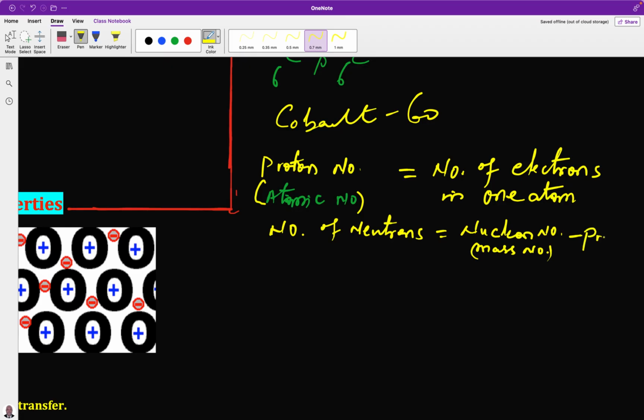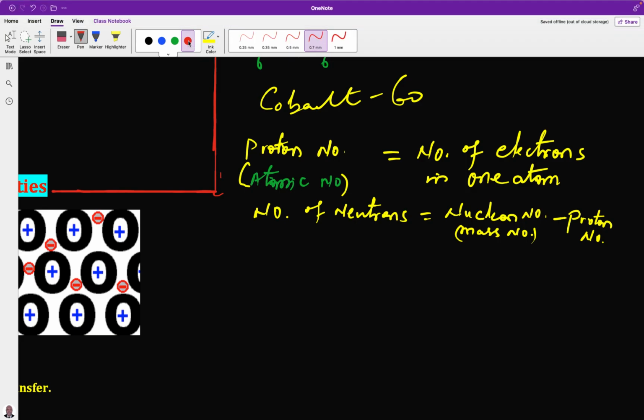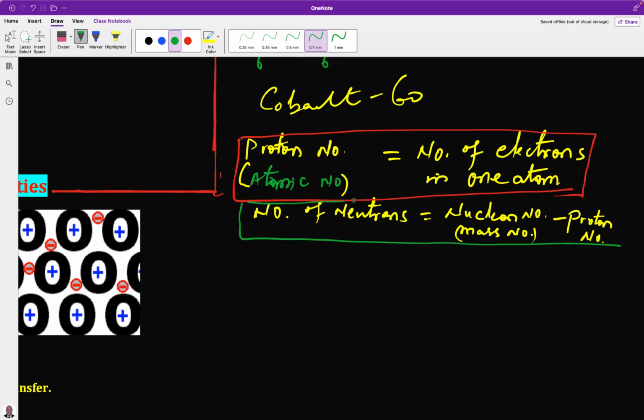Summarizing, the proton number or atomic number equals the number of electrons in one atom, and the number of neutrons is the mass number minus the proton number.